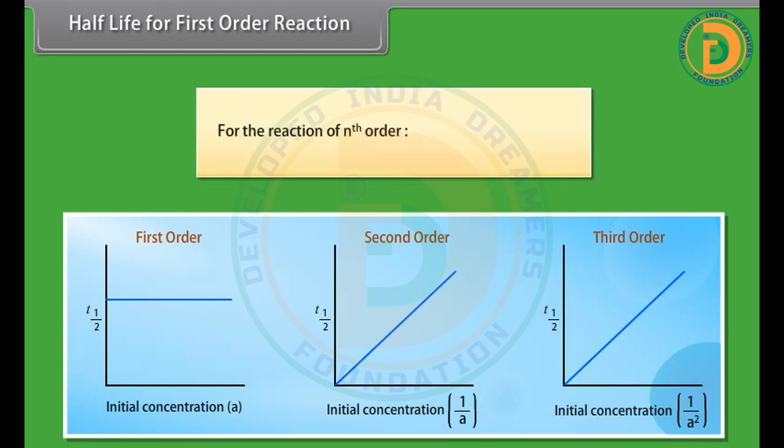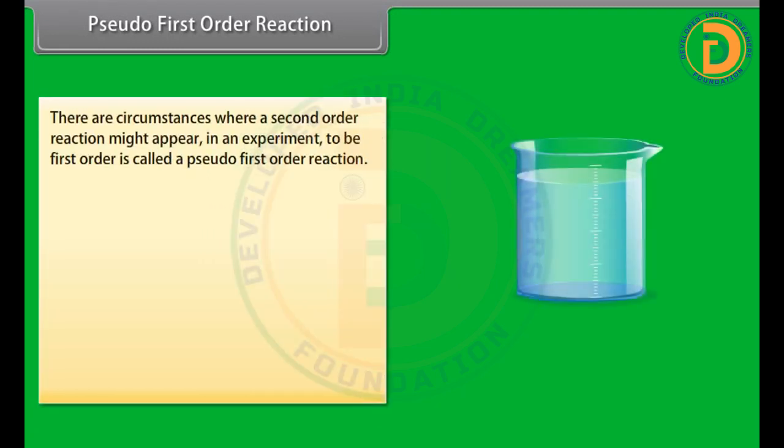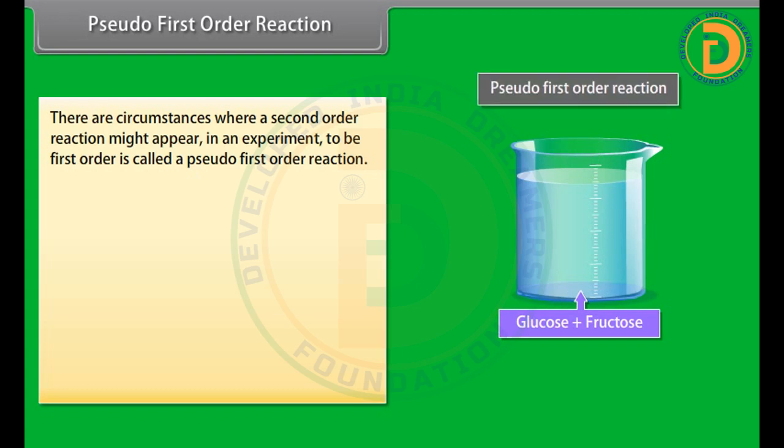For the reaction of nth order, t half is inversely proportional to A naught raised to the power n minus 1. Pseudo first-order reaction. There are circumstances where a second-order reaction might appear in an experiment to be first order; it is called a pseudo first order reaction.